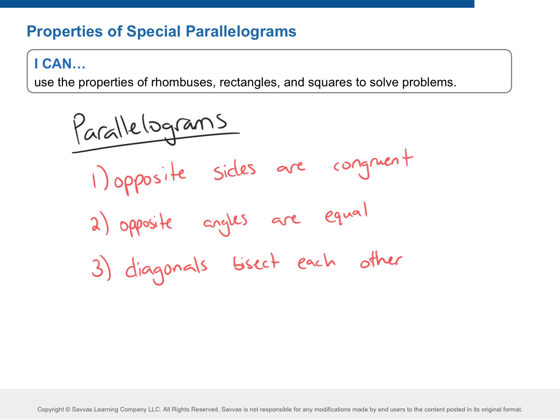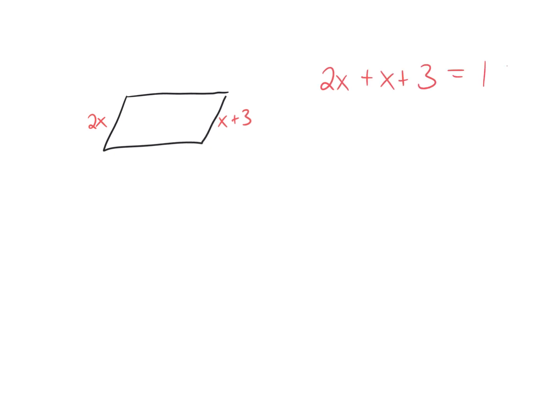One thing that I saw on homework a lot that I need to address. You do not need to write this down. If I have this parallelogram and I have 2x and x plus 3 here, for example, this is what I see a lot of. What is a major red flag right there? You have to set them equal to each other, but what's the major red flag?